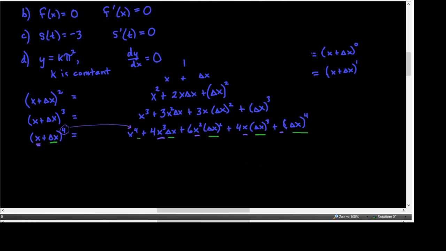And so the powers of the first thing start at n, if we call the power that we're raising this to n. It starts out as the power of n, and that goes down throughout the polynomial answer, and the powers of the second thing start at 0 and go up until the very last power you use of delta x is, again, n.